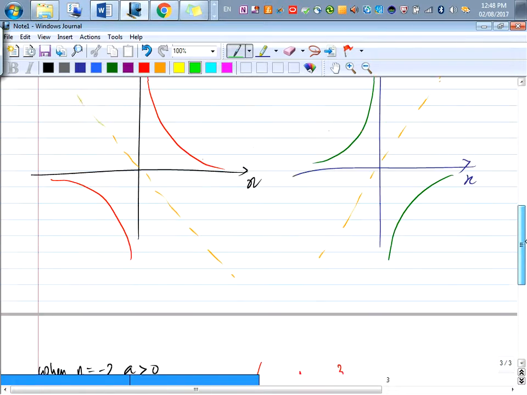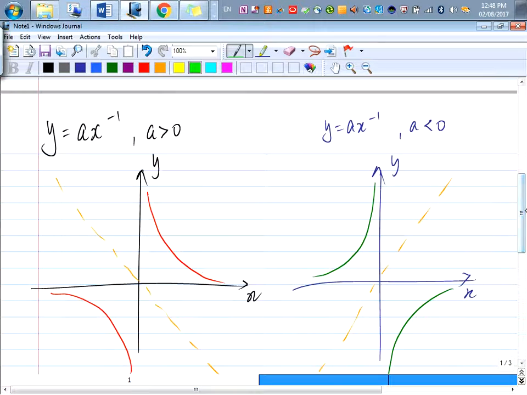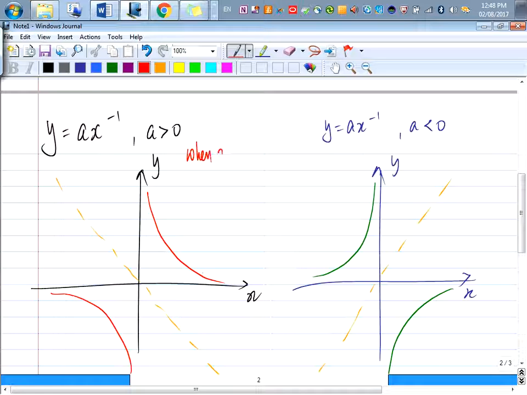In your negative powers over here, can your x take any value you like? You cannot. What happens when x is equal to 0? When x equals 0, y equals a over 0. This is undefined. That is why there is a break in the center over here.